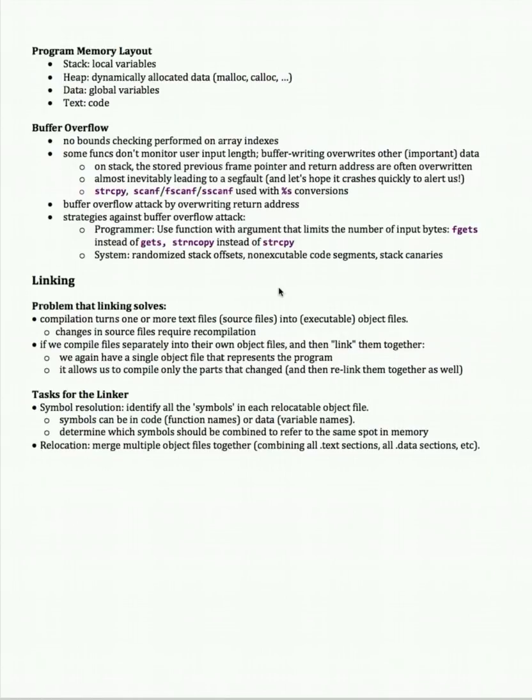At the programmer level, we could use functions with arguments that limit the number of input bytes. For example, fgets instead of gets, and strncpy instead of strcpy, right? And at the system level, there were multiple approaches, including randomized stack offsets.